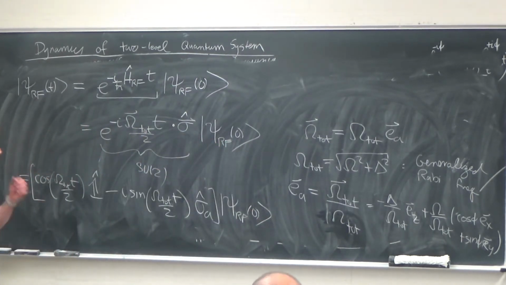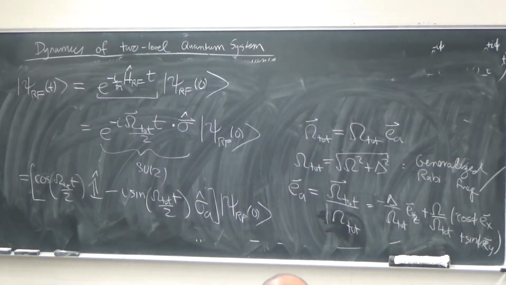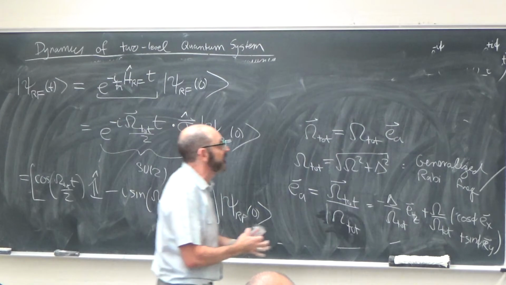Is that clear what I just did? Because we said any rotation matrix in 2D has this form. Okay, let's just look at a simple first case.